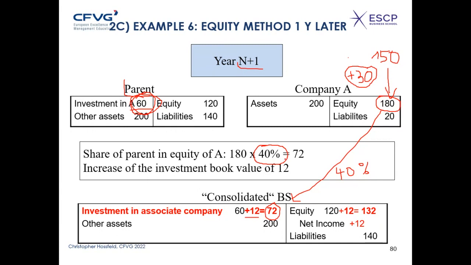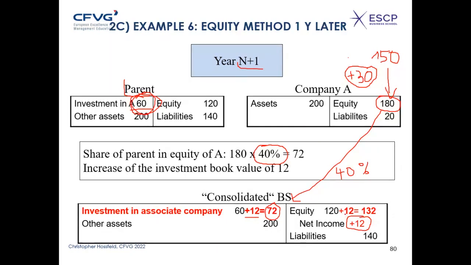So I will account for 40% of this profit because 40% of this profit belongs to me, which is 12. So I will put plus 12 on the asset side and I will put plus 12 in my own income statement. So I will immediately account for this profit in my own income statement in the same year.